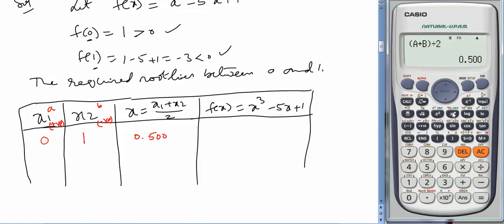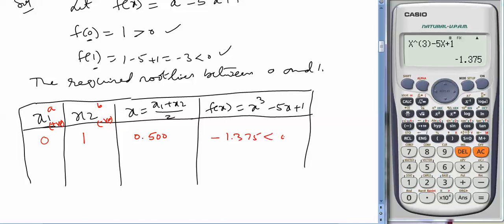Now don't press AC button. Now type this equation: alpha x power 3 closing bracket minus 5 into alpha x plus 1. Then press calc button. X value 0.500. Now you will get a negative value, minus 1.375.